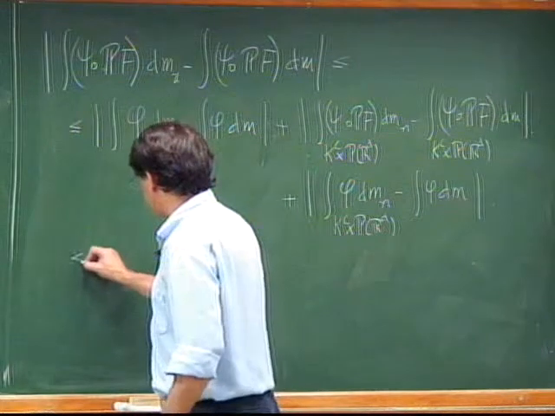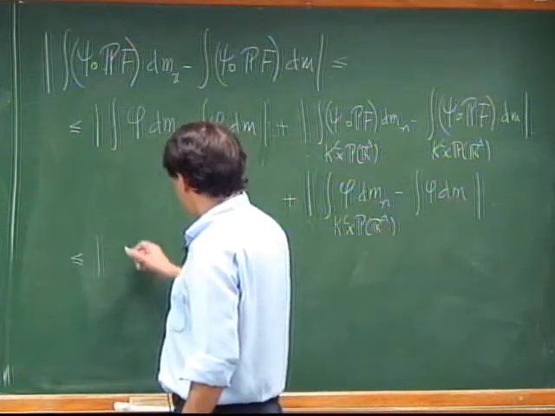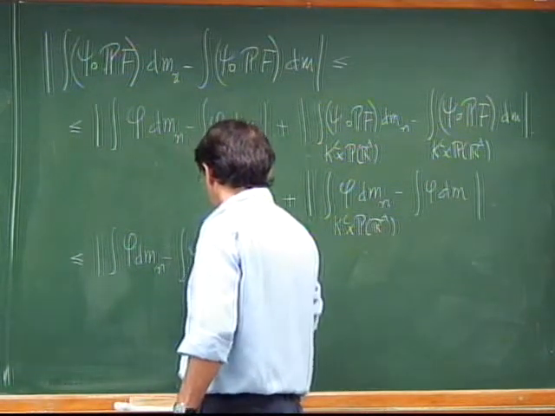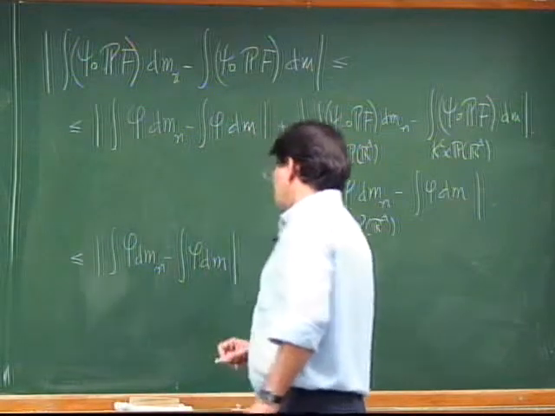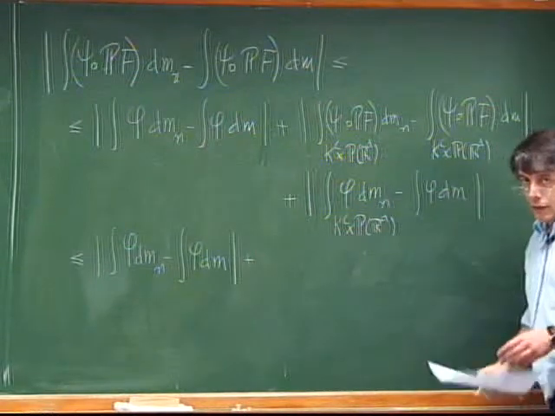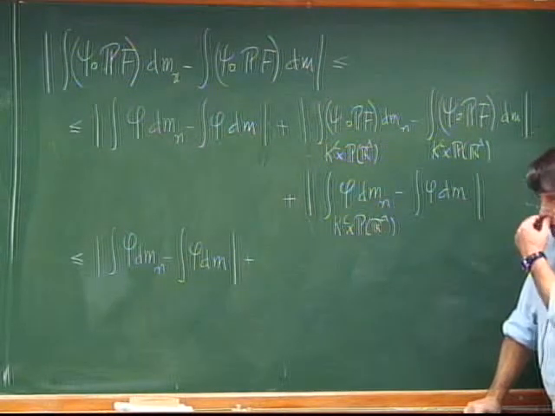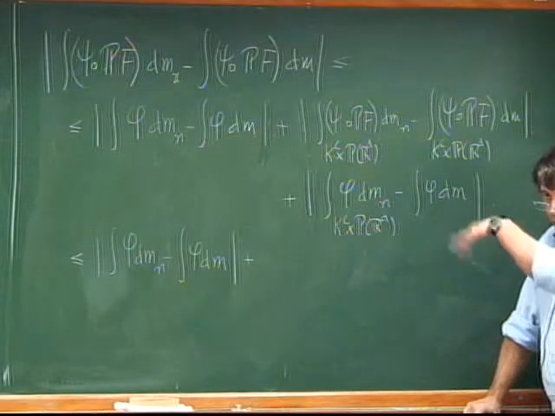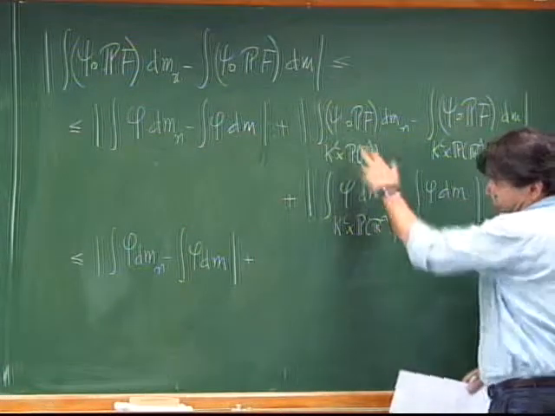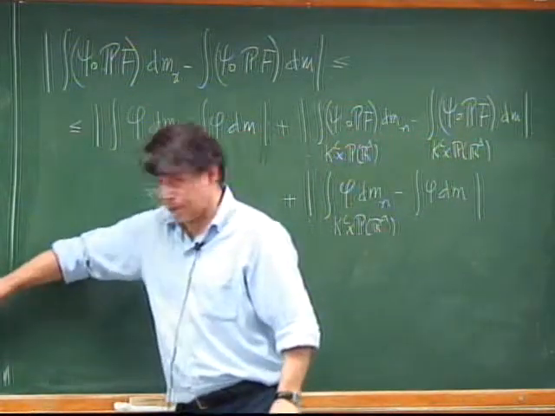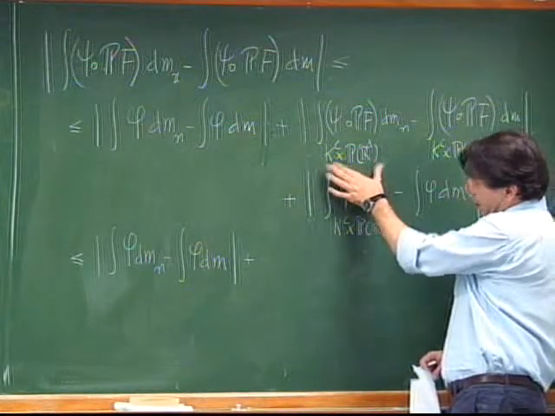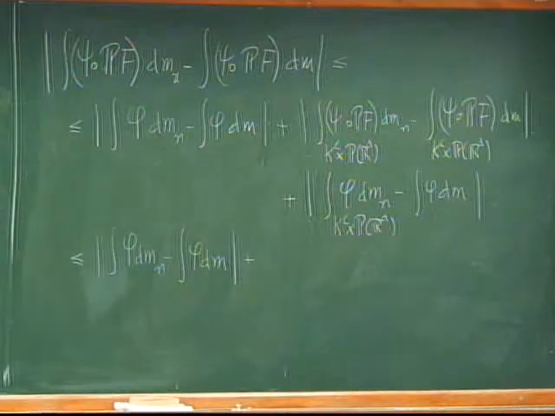Now let's see what this gives. The integral of phi dmn minus the integral of phi dm, this I'm not going to change. And now let's look at this. I'm going to be very brutal here. I'm going to bound everything by the sum. So what about this? This function is less than the supremum of psi, and the domain of integration has measure, what is the measure of the domain of integration?